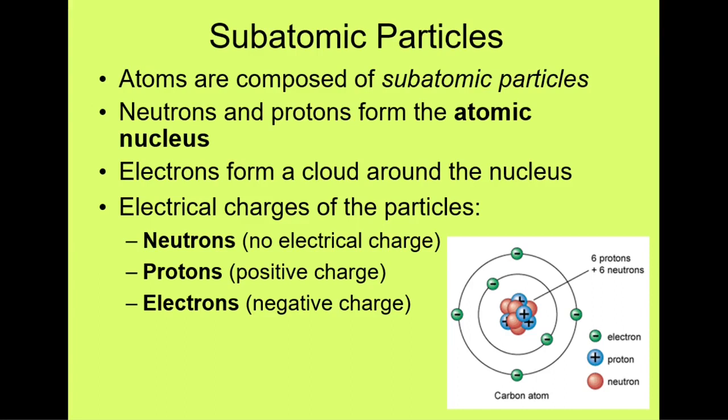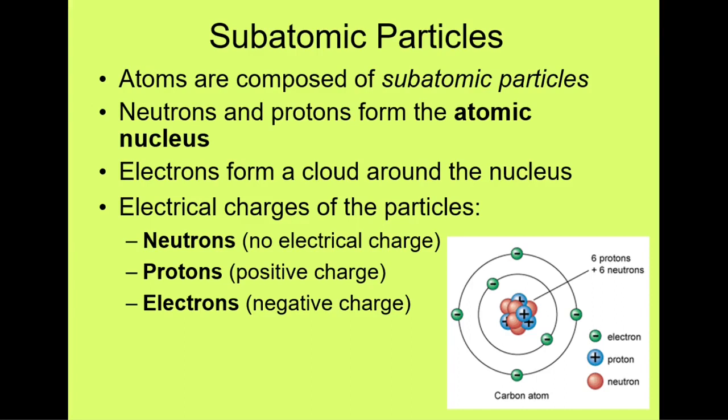They are electrically neutral, hence the name neutrons. Protons that also sit in the nucleus have a positive charge. So one proton will give us 1 unit of positive charge. Electrons that move around the outside of the nucleus have a negative charge. So 1 electron equals 1 unit of negative charge.